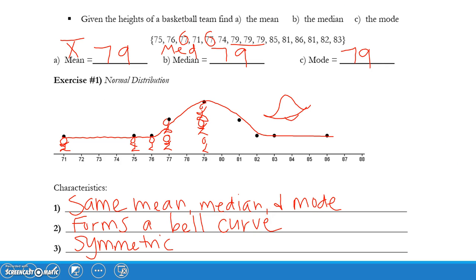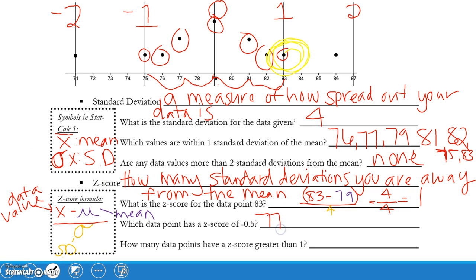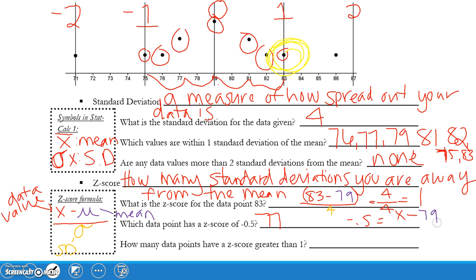If you were going to use the formula, what you would do is just set the z-score -0.5 equal to the formula, and you would solve for x. So x minus the mean all over the standard deviation. And then you would just cross multiply and solve for it.